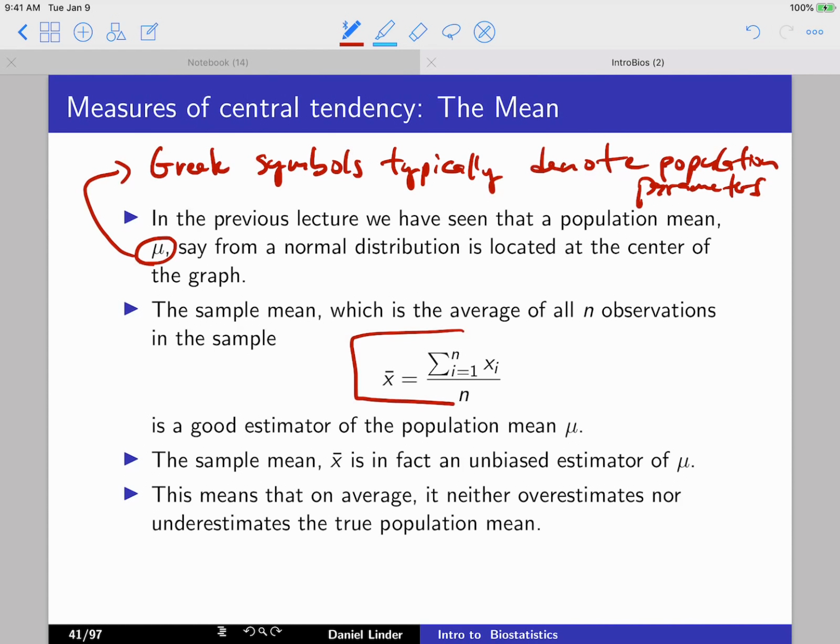The sample mean is denoted as x bar, using the regular alphabet, so you have a distinction between what's a statistic, which in this case the sample mean is, versus a population parameter. That's really all the Greek symbols are there for, so that you can separate parameters from statistics.